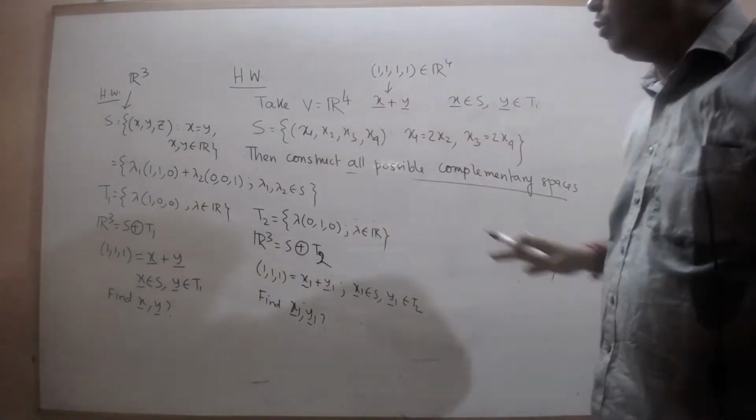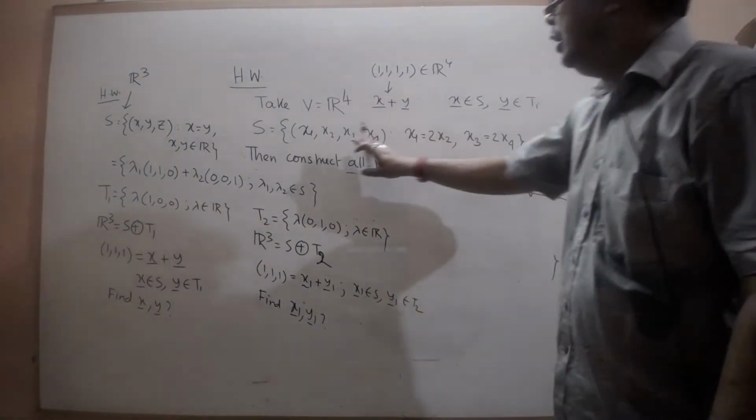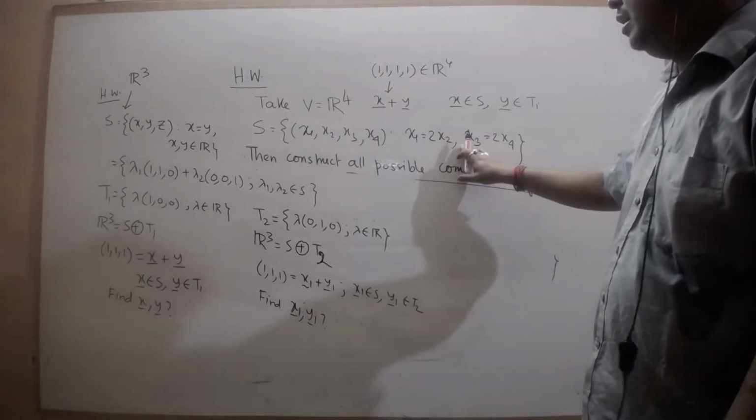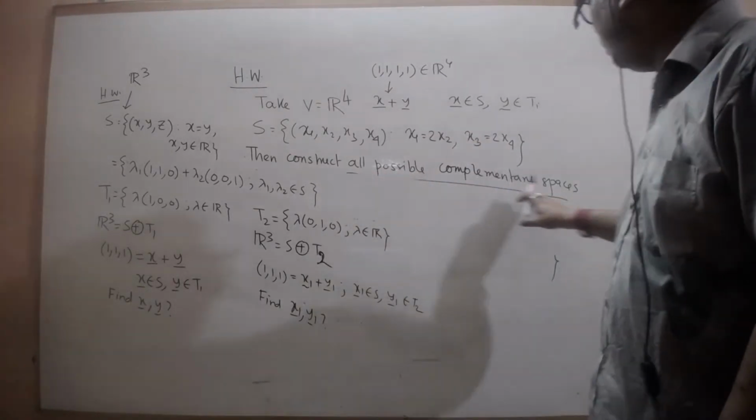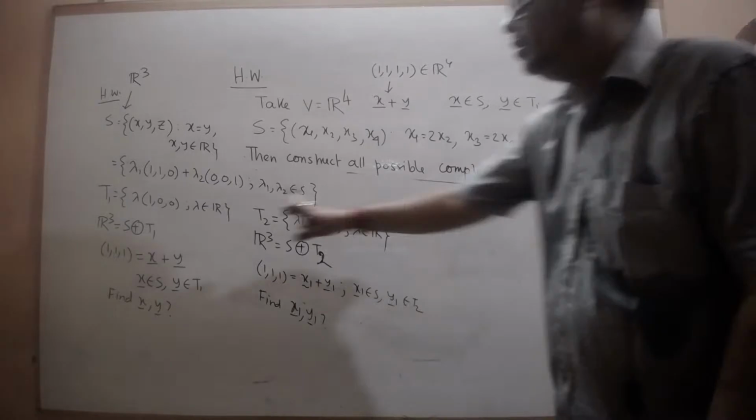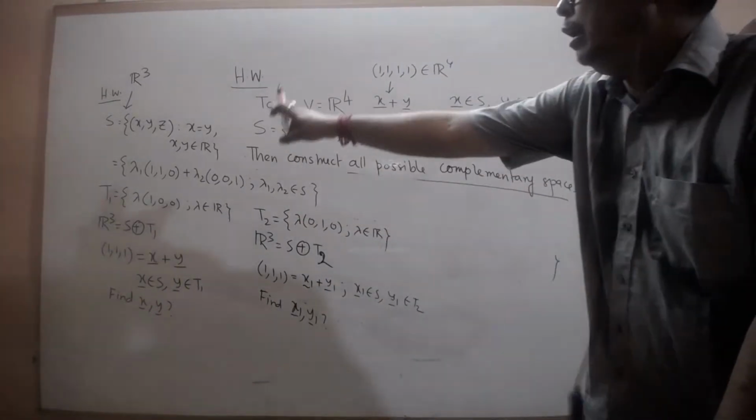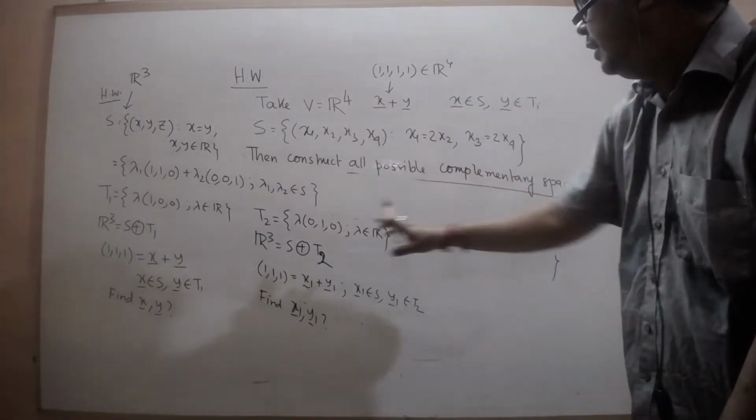When your V equals R⁴, your S is given, then you find all possible complementary spaces. In R² cases, this is T1 and T2.